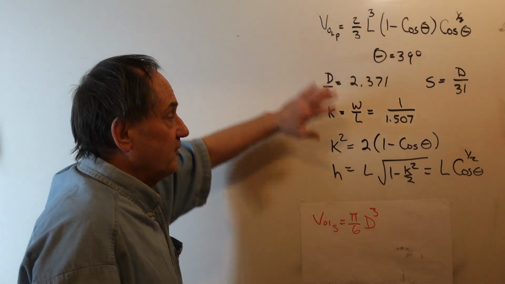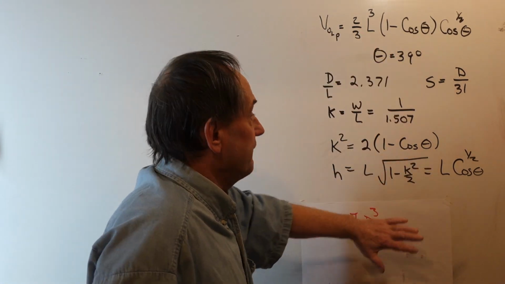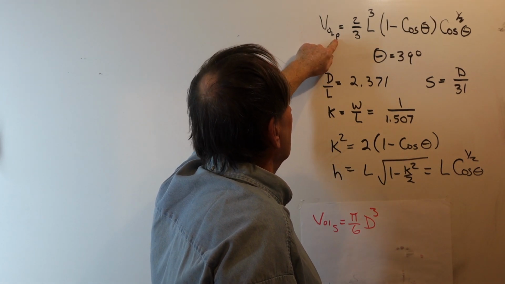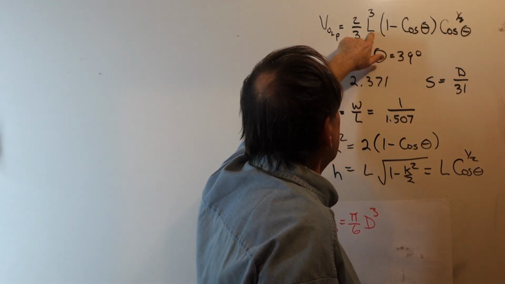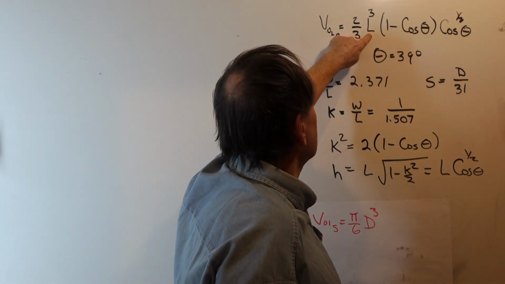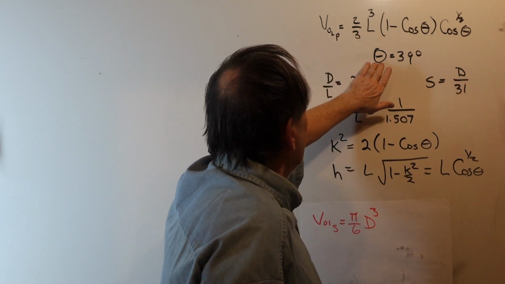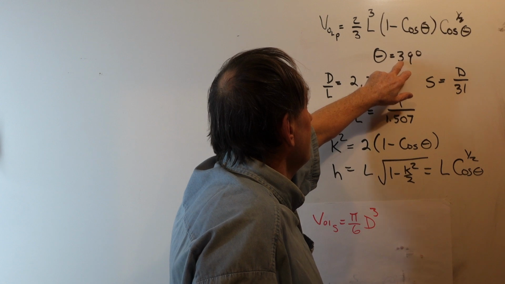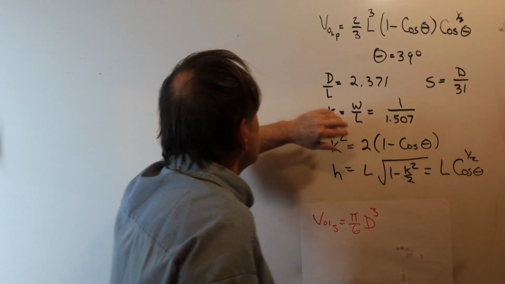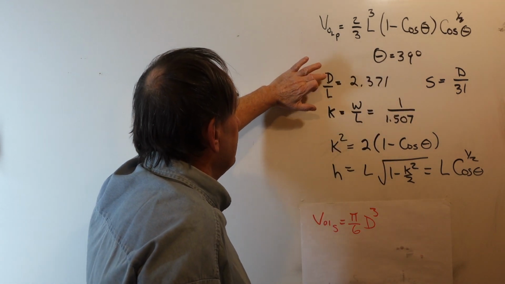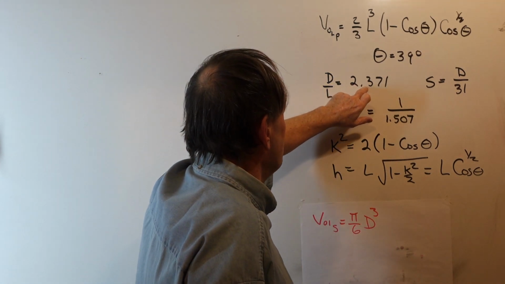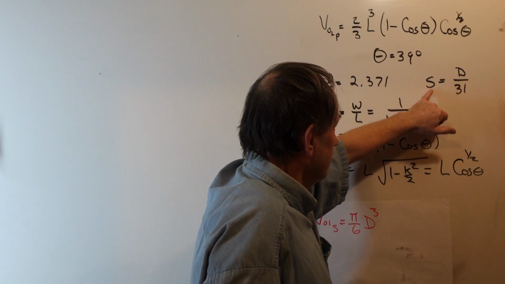I have now moved all the important equations off to the right hand side here. Here we have the volume of the pyramid given in terms of theta and the slope length. Here's our angle, theta, that we just measured for the pyramid, 39 degrees. The ratio of the sphere diameter to the slope length on the pyramid is 2.371.